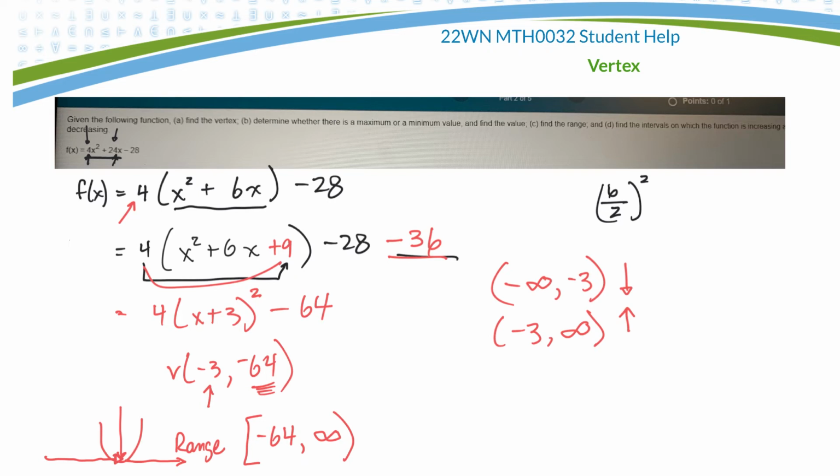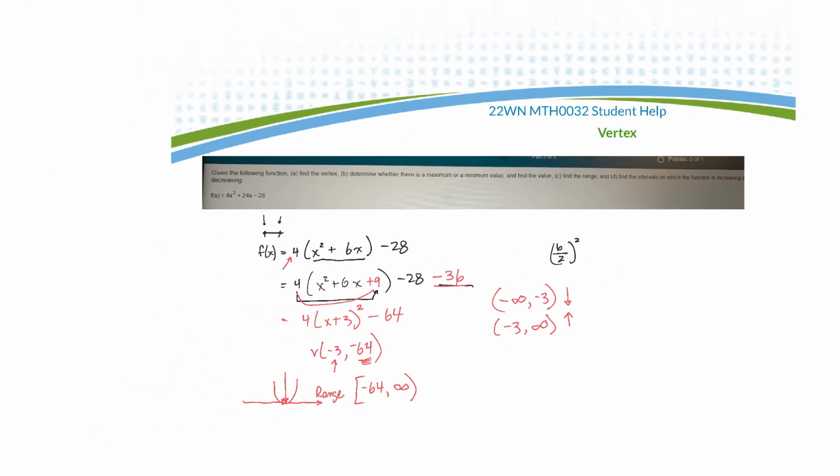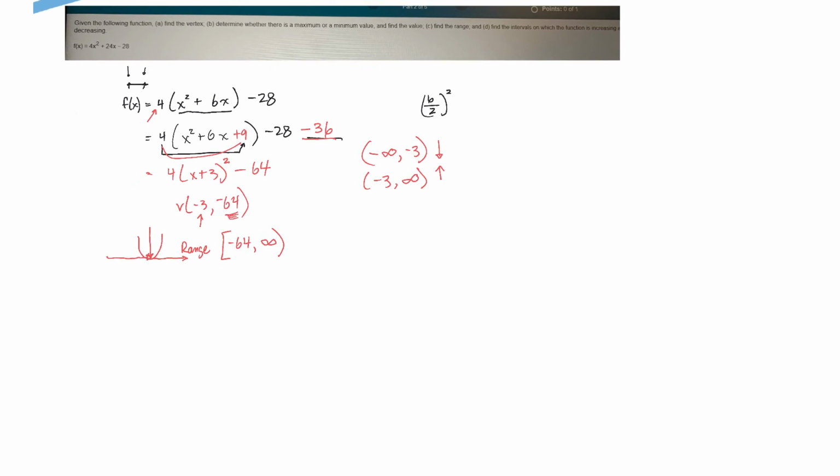Okay, so I've got that there, but now let's confirm that two ways. We'll use the formula to find the vertex, and then we'll also graph it. So the formula is negative b over 2a. That's what'll give me the x-coordinate of the vertex.